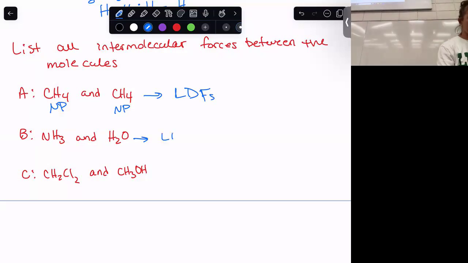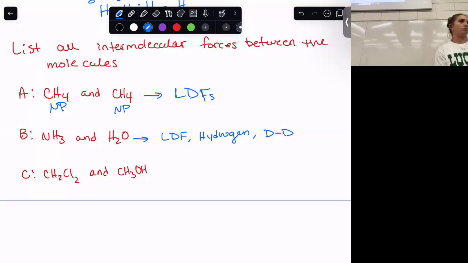Yep, we have LDF. We have hydrogen bonding. Anything else? Yep, and then we'll also have dipole-dipole. Hydrogen bond is a classification of dipole-dipole. So if you have a hydrogen bond, then you also have dipole-dipole.